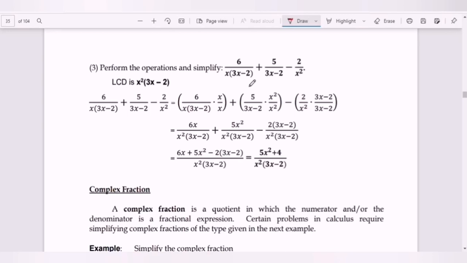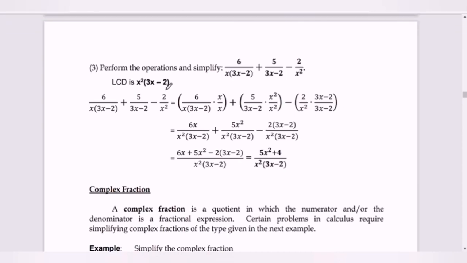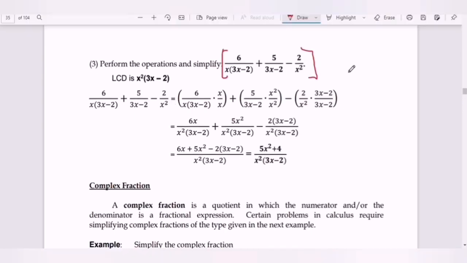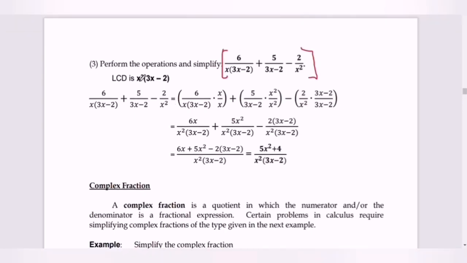If we're going to find the least common denominator in these kinds of expressions, we know that the LCD for this one is x squared times 3x minus 2. So this is the LCD. In order for this to be solved, we just need to multiply our LCD to each term.